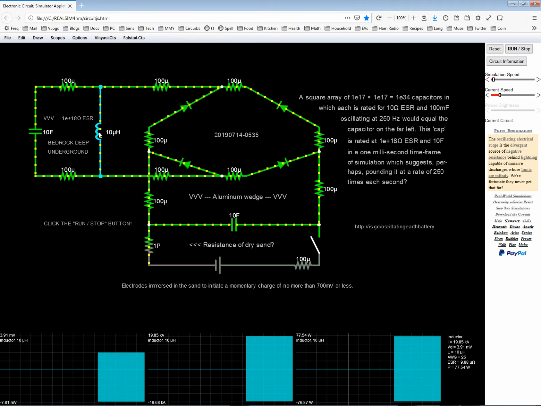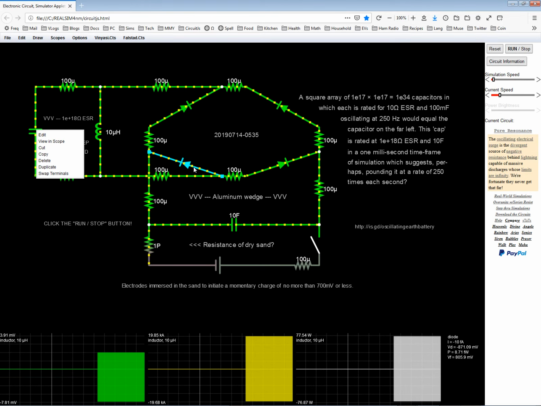The length of the wire in a coil eats up current, but the equivalent series resistance of a capacitor accelerates current. Normally a ceramic capacitor has a default value somewhere in the vicinity of 10 milliohms of resistance, and that's my default, 10 milliohms.